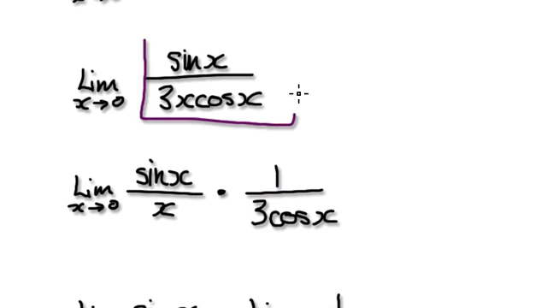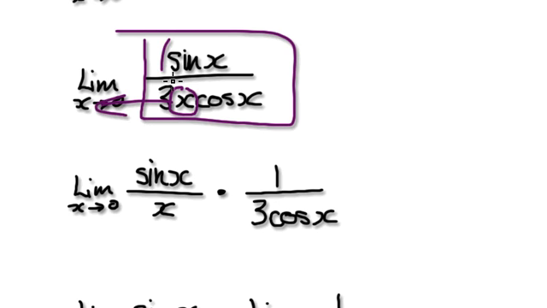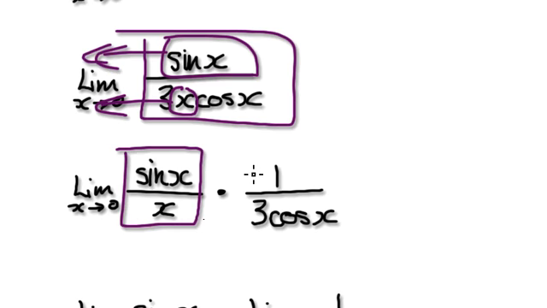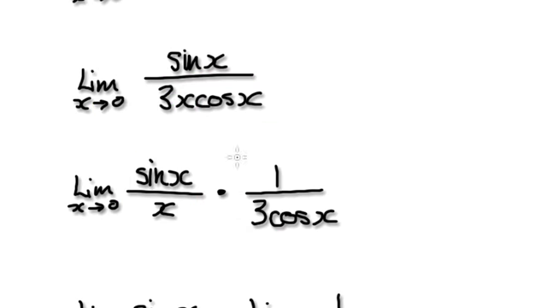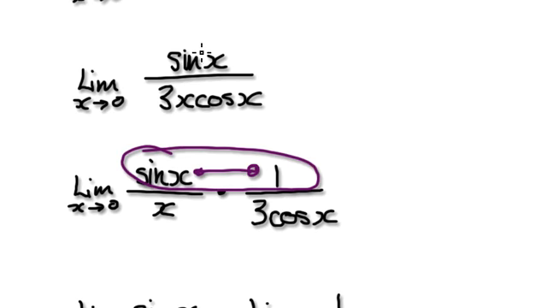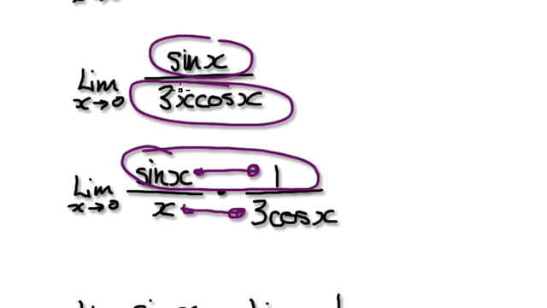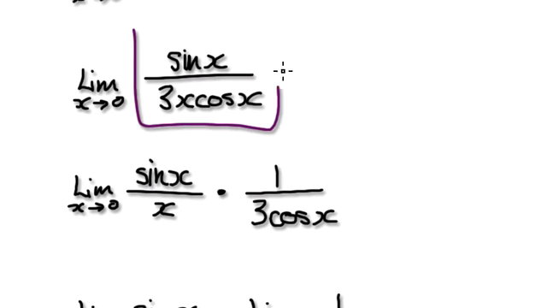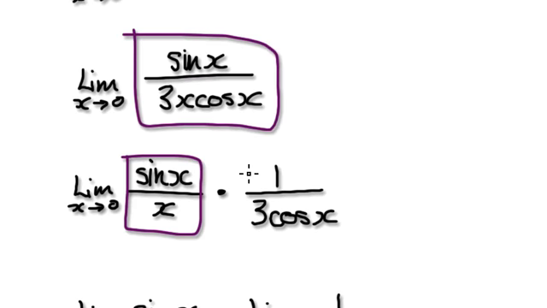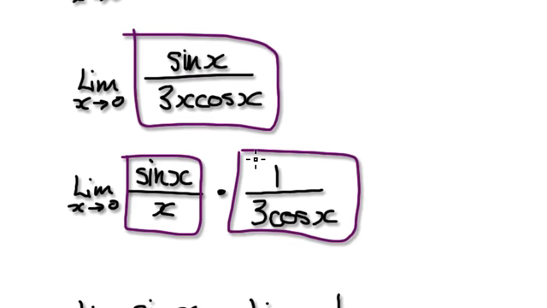Break this up here. So basically get this x out here and get this sine of x out here. So it would then become this. If you get top times top, that will give you sine of x, and then bottom times bottom, that will give you 3x cos of x. So this thing here is exactly the same as this. So we're just breaking up the two fractions, okay?